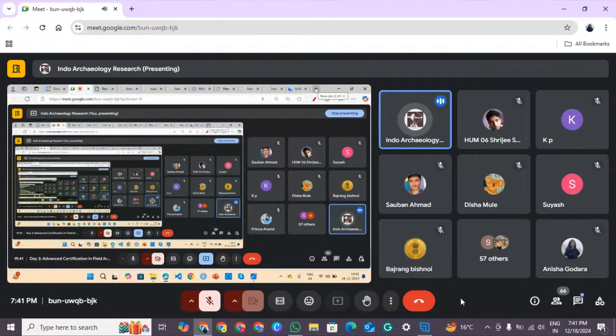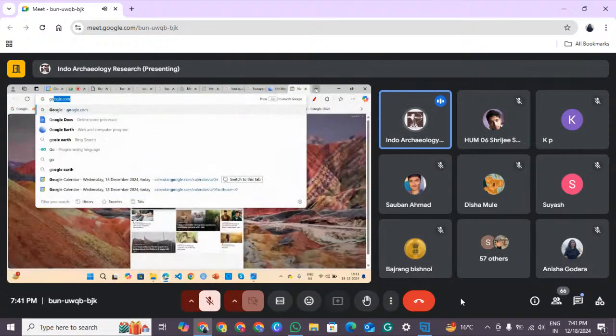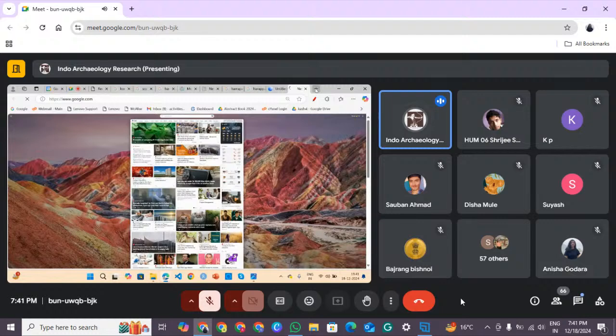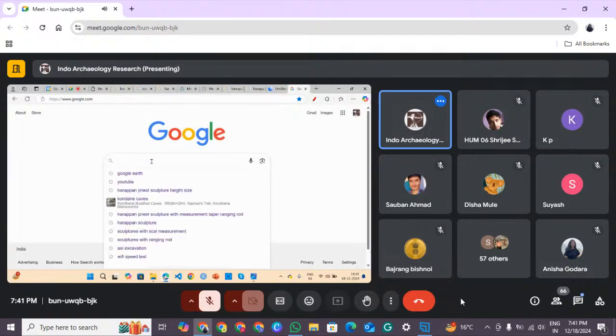Suppose I take you to Google Earth, it will be good to give you the example.